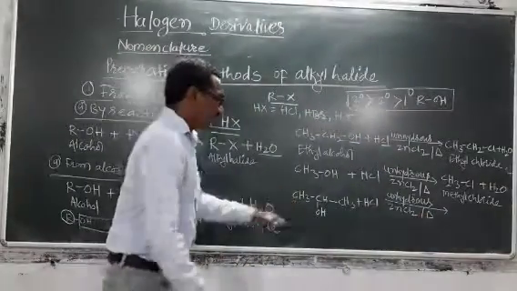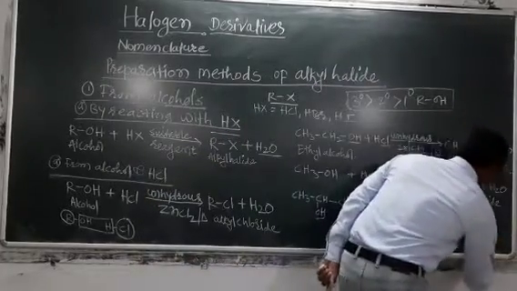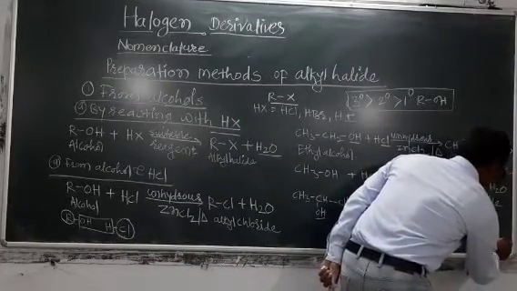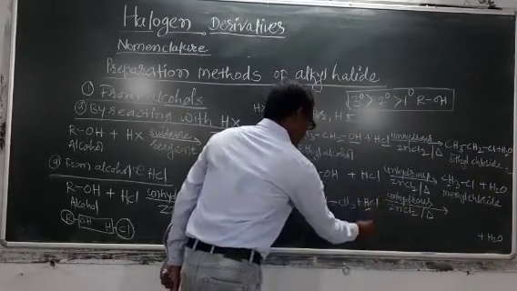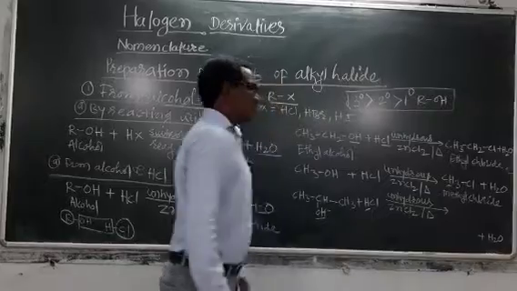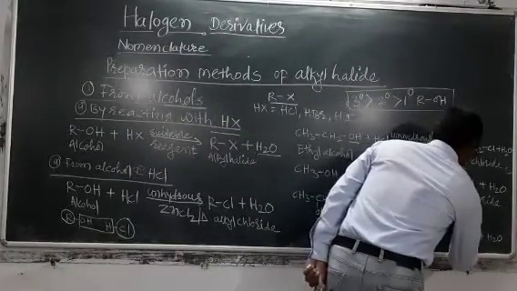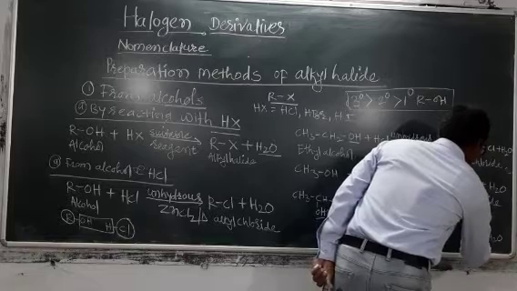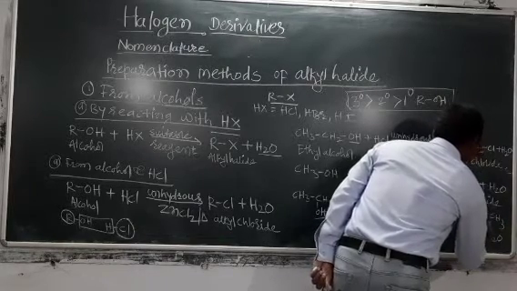What will be the product? OH and H combine with each other and give H2O. Cl comes in the place of OH and we will get CH3CHClCH3.